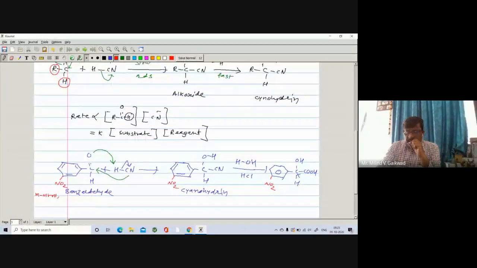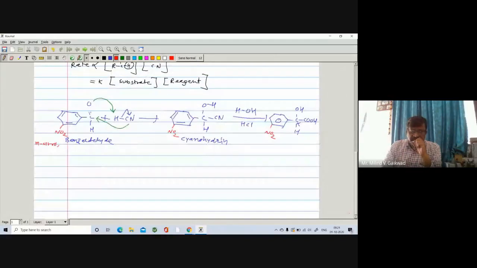So here I will take another example. Suppose, next example, this R is CH3CH2, C=O, and here is a CH3. It reacts with HCN, hydrogen cyanide.